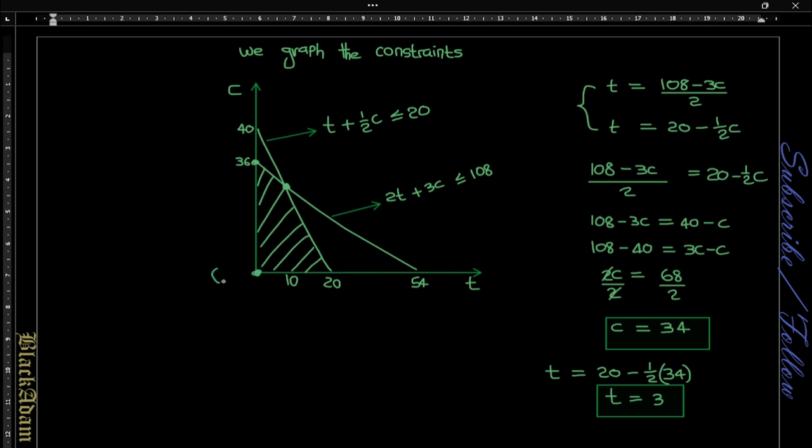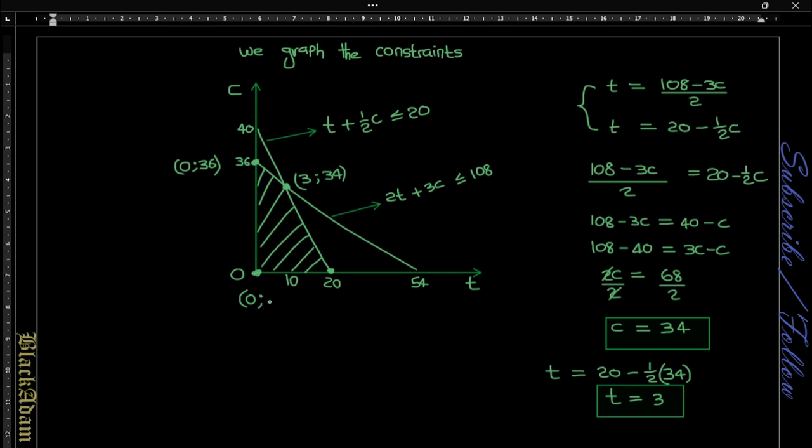Let's say that's 0, 0 there. We also have the coordinate where t is 3 and c is 34. That's the point of intersection, t is 3 and c is 34. And then we also have another point: 0 tables, 36 chairs.